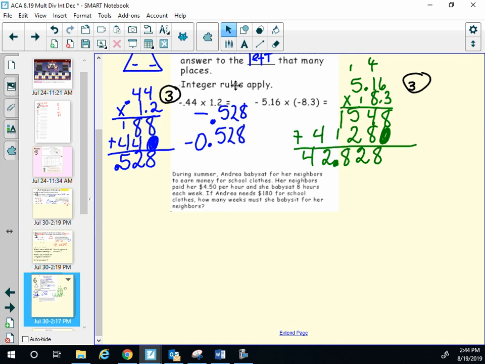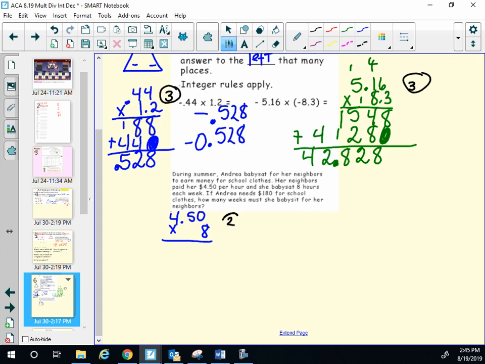So how can I figure out how much she makes in the week? We're going to multiply. So she has $4.50 times 8. Let's see how much money she makes in a week. Before I start multiplying, how many numbers are behind the decimal? 2. I'm going to make a note of the 2.